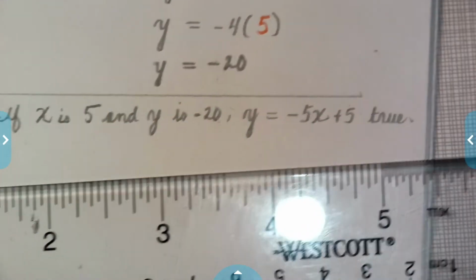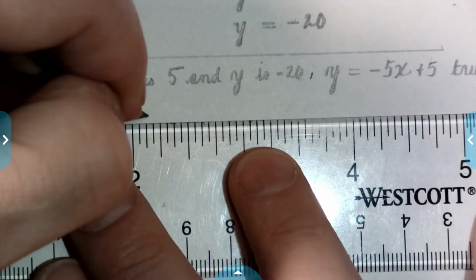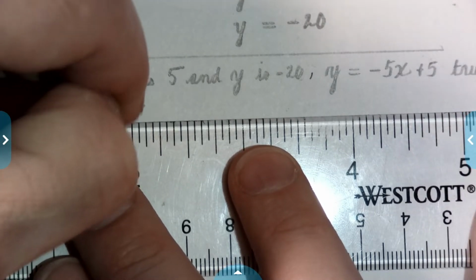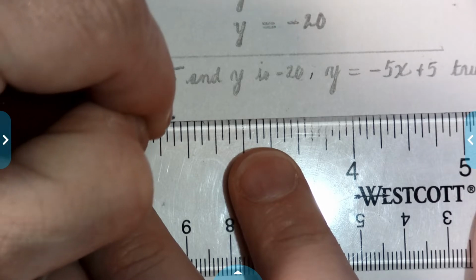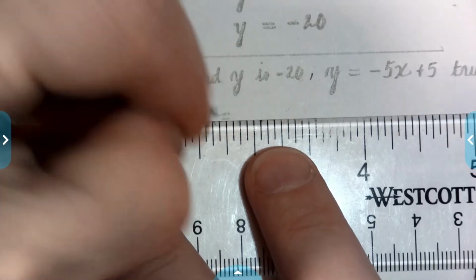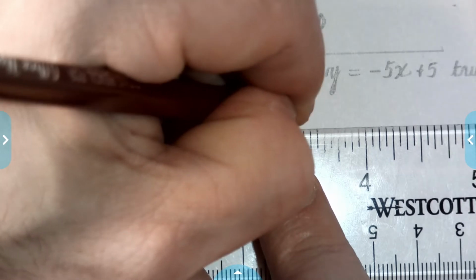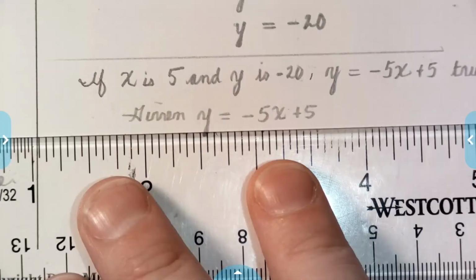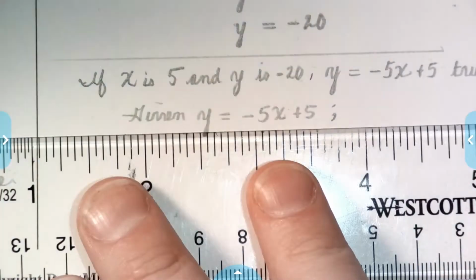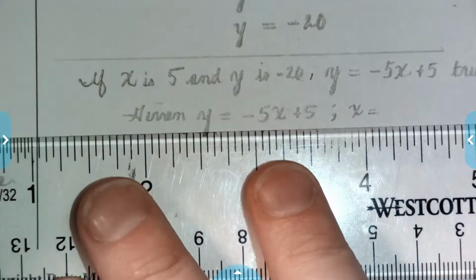Okay? So let's test it out. All right? So here we go. We're given y equals negative 5x plus 5. And we're given that x equals 5 and y equals negative 20.